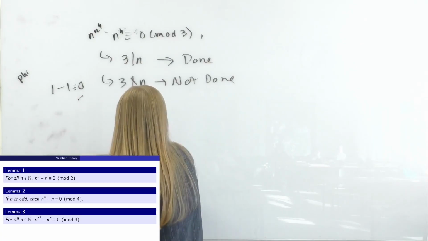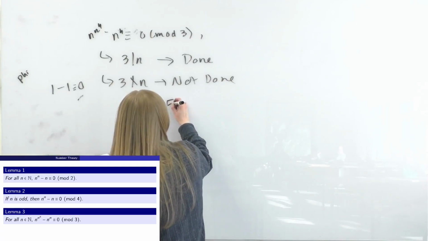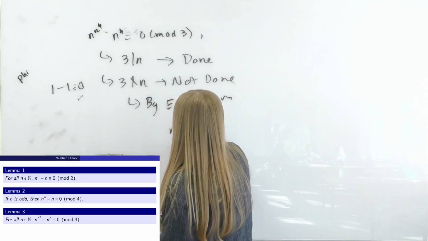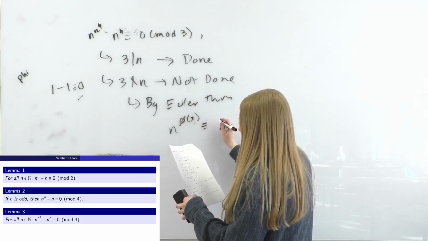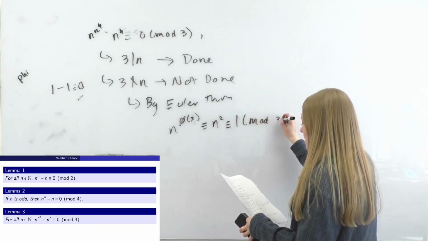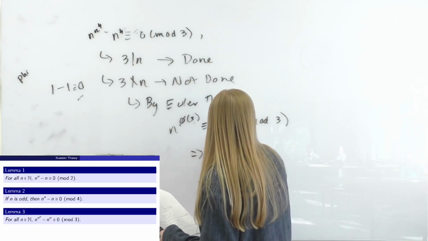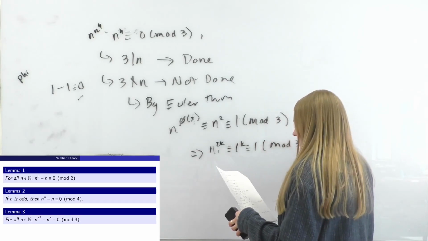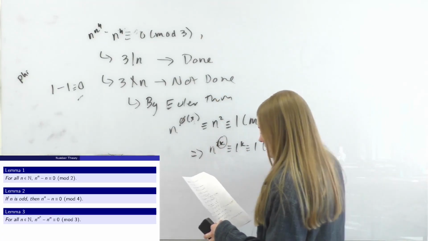All right, so by Euler's theorem, we know that n to the phi of 3 is congruent to n squared, which is congruent to 1 mod 3. So we can raise both sides to the power of k: n to the 2k is congruent to 1 to the k, which is congruent to 1 mod 3. So n raised to any even power is congruent to 1 mod 3.